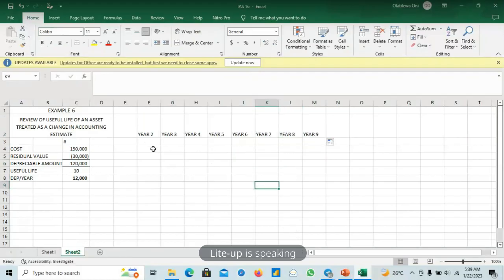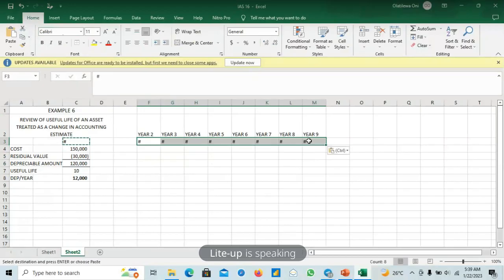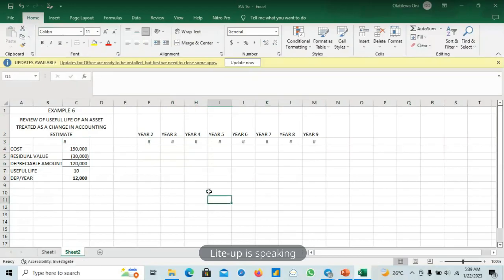Okay, let's just have it like that first. I put the Naira sign here, and the Naira sign here also. Then we are going to be treating how this depreciation should look in the financial statement.